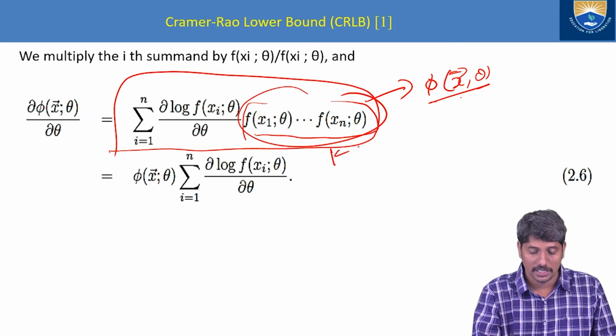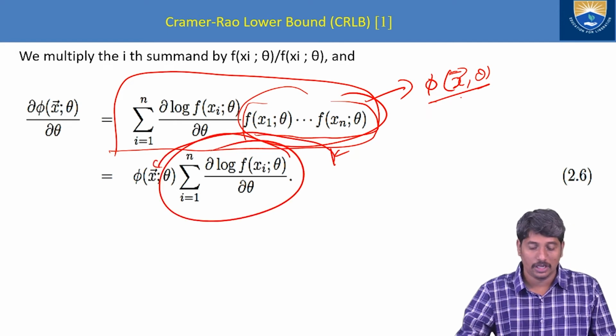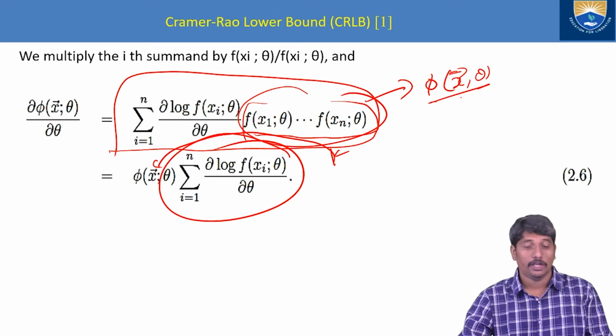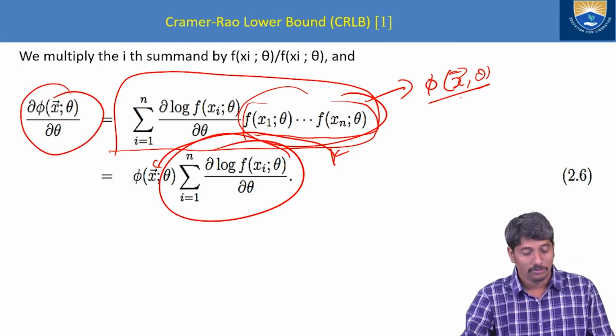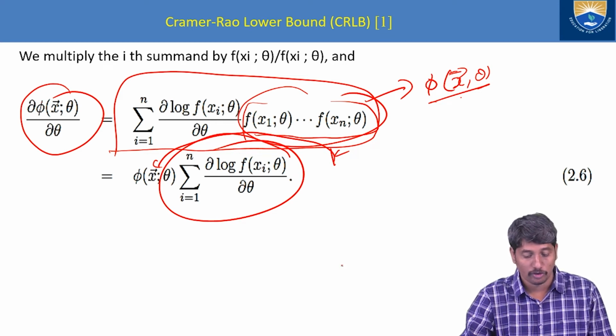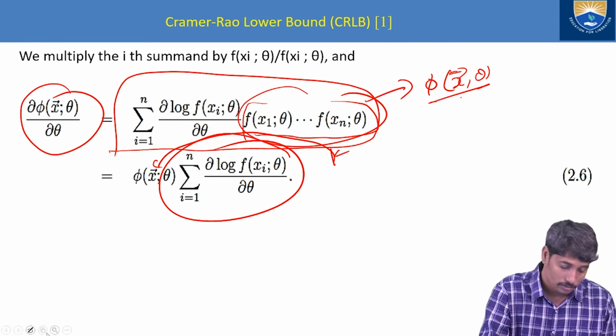This can be treated as k. So what we have arrived at is that dou phi by dou theta is nothing but phi of x comma theta into summation of dou by dou theta of log of f of xi comma theta.